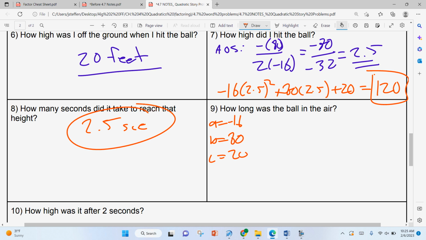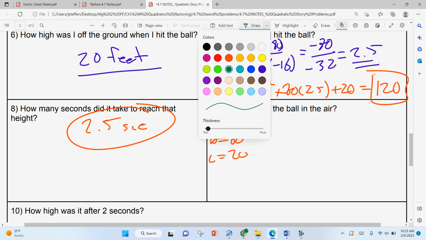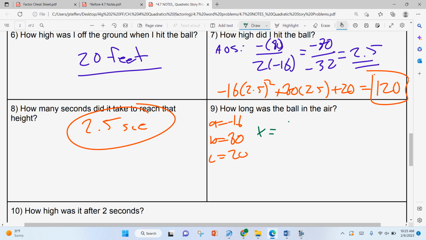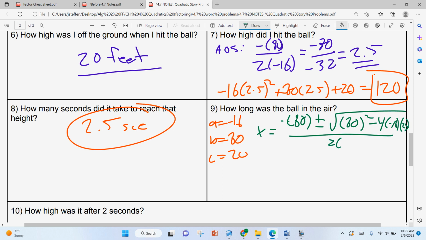Plug these into your quadratic formula. 80 squared minus 4 times negative 16 times, I'm not going to be able to fit it in, 20, all over 2 times negative 16.